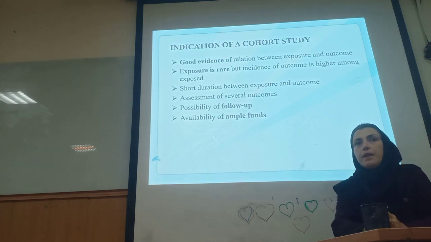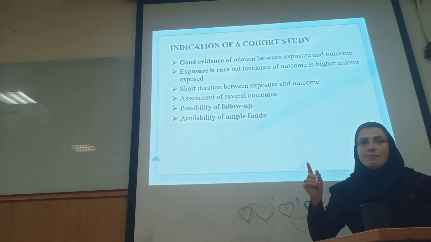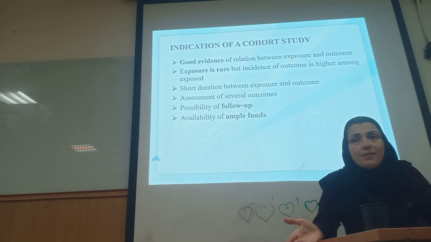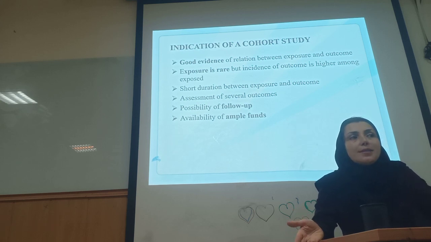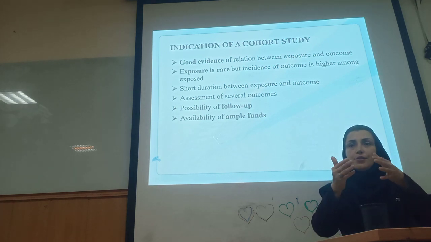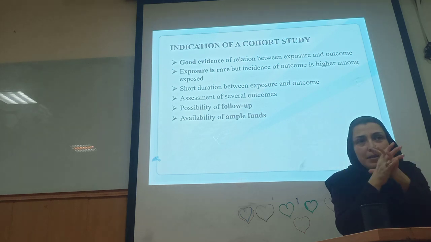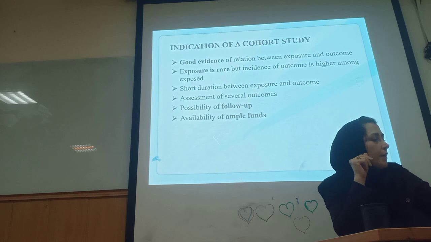If the duration between exposure and outcome is so long, it is not cost benefit to design a cohort study. Why? Because the researcher might be dead before finalizing the study, I mean. Okay?